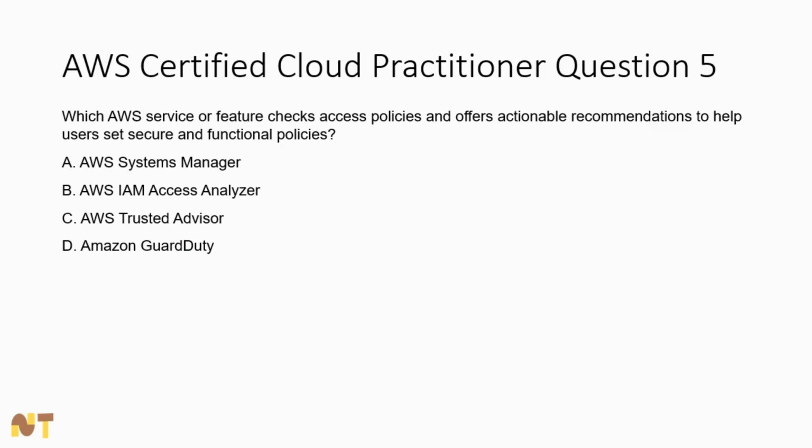Which AWS service or feature checks access policies and offers actionable recommendations to help users set secure and functional policies? Options are A. AWS Systems Manager, B. IAM Access Analyzer, C. AWS Trusted Advisor, and D. Amazon GuardDuty. Now, the correct option here is IAM Access Analyzer.